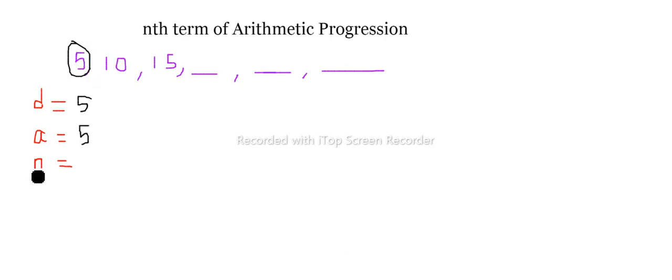Then N here is the number of terms, depending on what you are looking for. Now for this question, I want to find the 100th term. Just like I said, we don't need to list all the terms before we can get the 100th term. So to get the nth term of an AP, we have an expression for that. I will not go into the details of that, so I'll just give the expression.